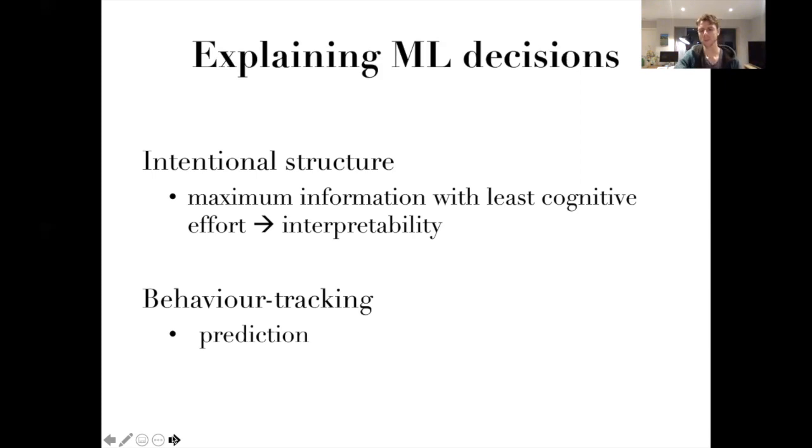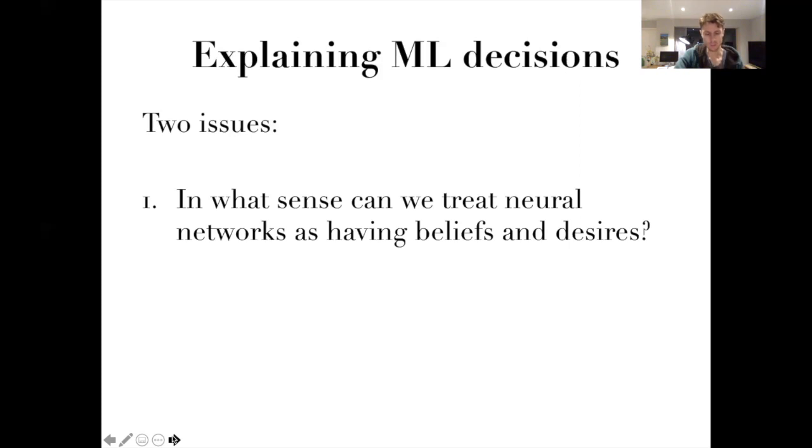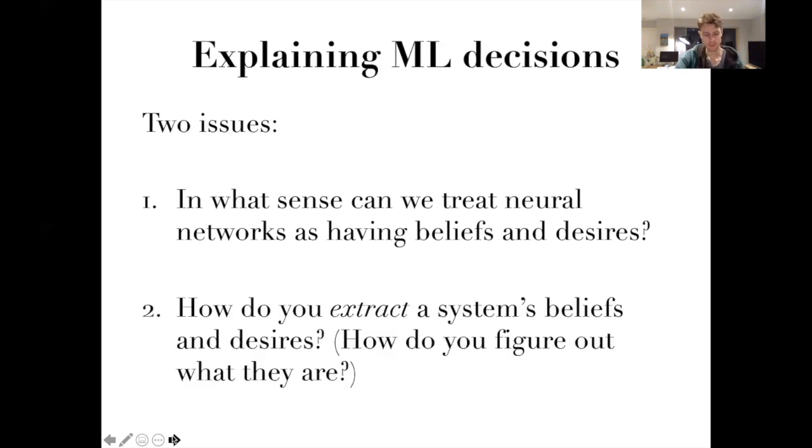So there are two issues here. The first issue is, in what sense can we treat neural networks as having beliefs and desires? And then a second issue is, how can you then extract a network's beliefs and desires? That is, how do you figure out what they actually are?